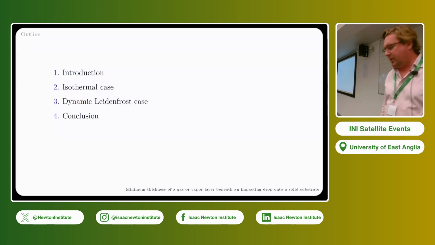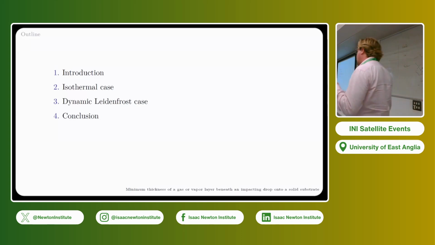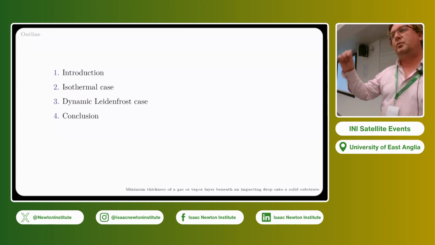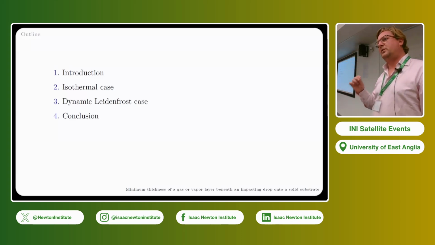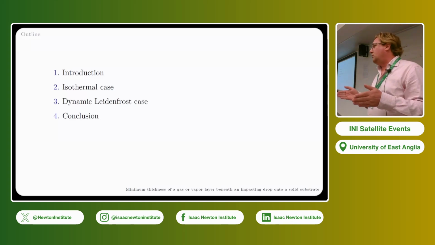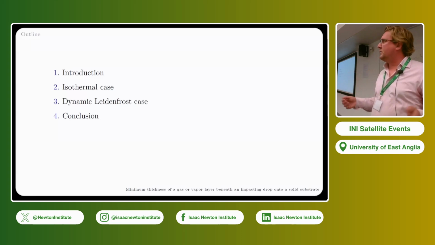You need a model which will work in the two cases, the Leidenfrost case and the isothermal case. If we heat the substrate and then cool it a little bit to reach the ambient temperature, the model will be the same in the two cases.